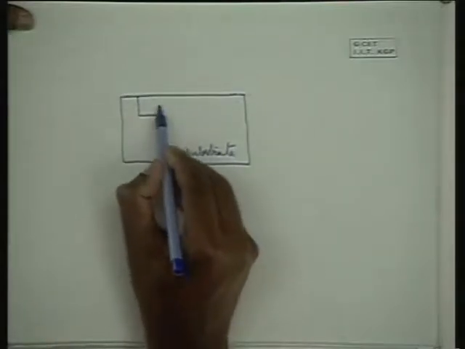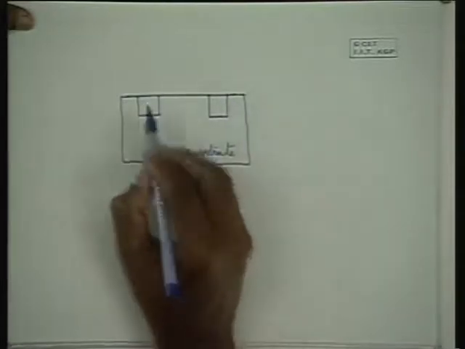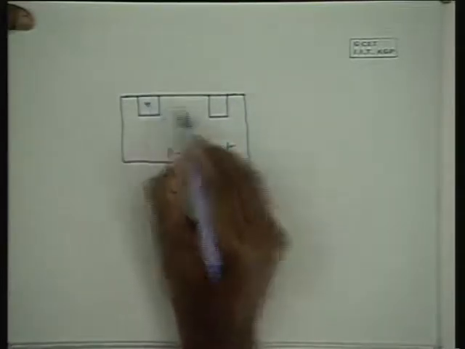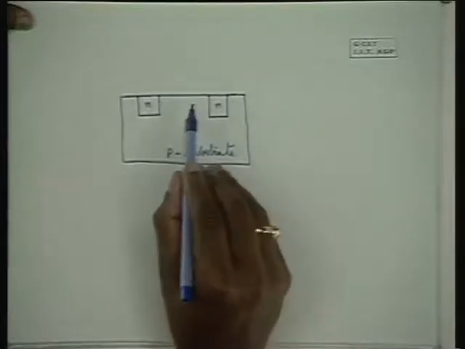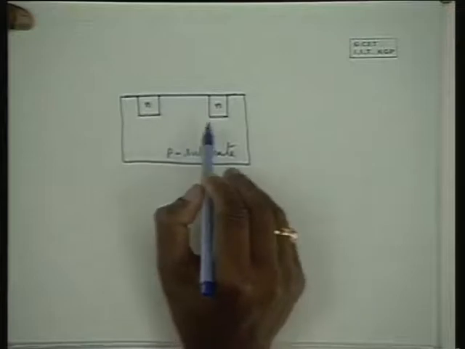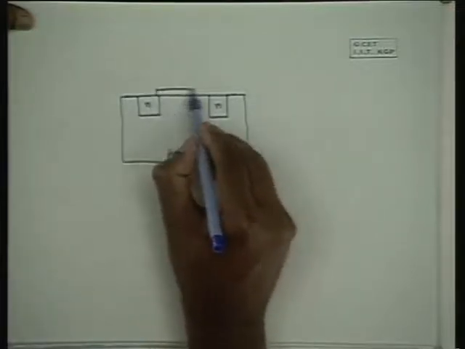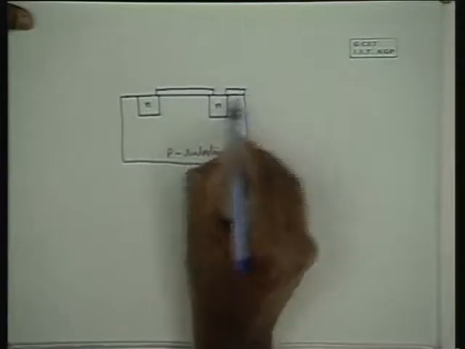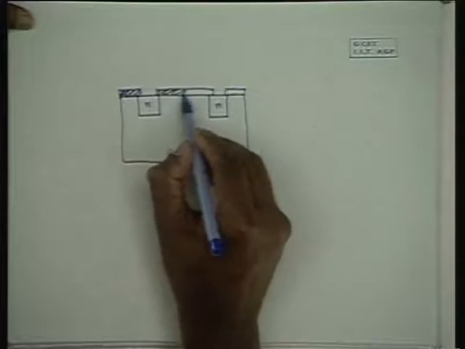So we grow two N-type regions over here and here, and there is no channel that is prepared, and you have a silicon dioxide layer over here, which is an insulating layer.